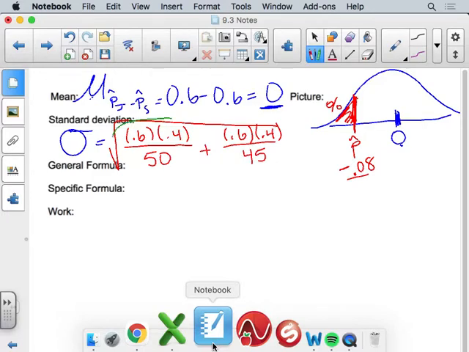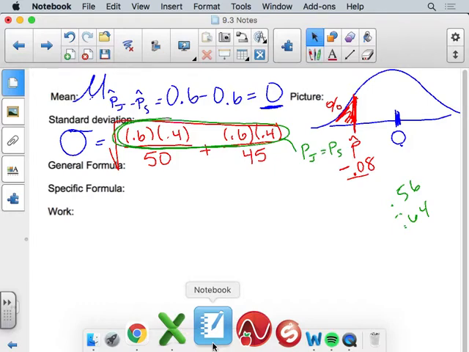So let me point these out again. These values right here are equal because we're under the assumption that the proportion of juniors equals the proportion of seniors. That's why I'm going with these values instead of using the 0.56 and the 0.64. Instead of using these, I'm using this value because I'm saying that they're equal. So you can get kind of confused on this part.